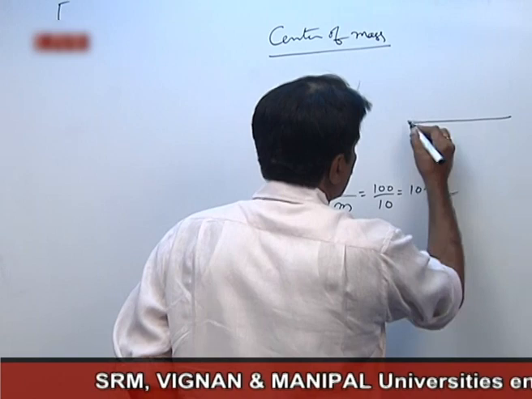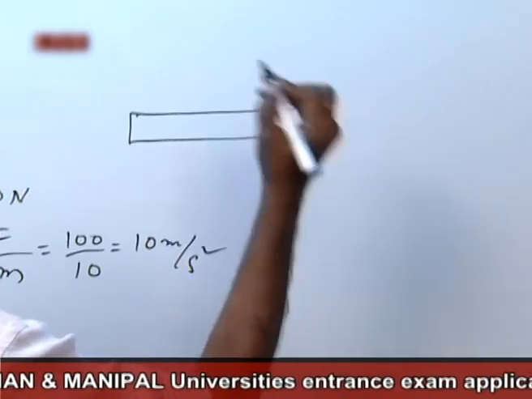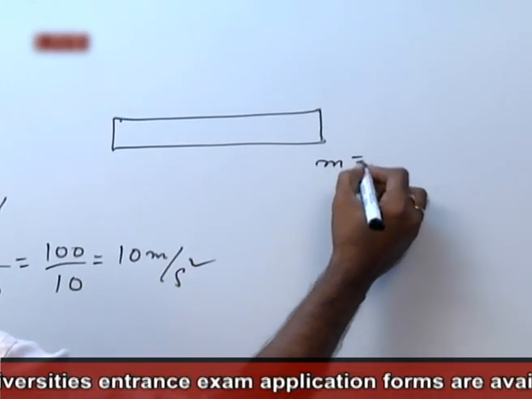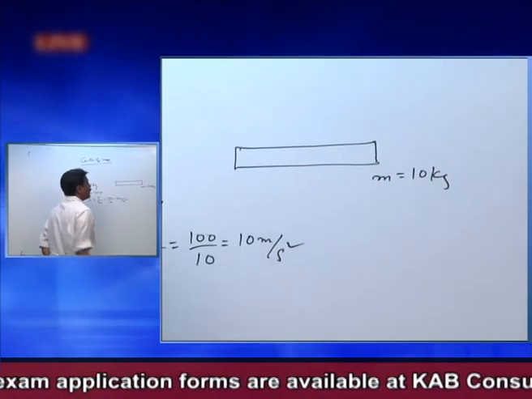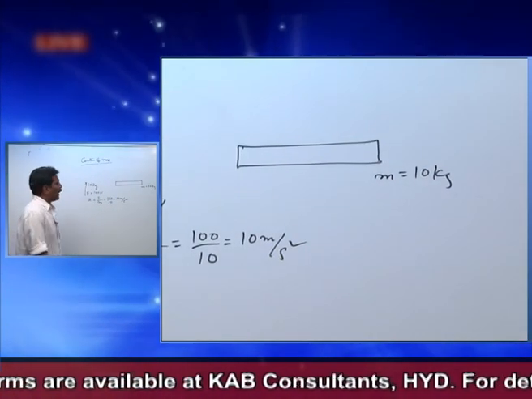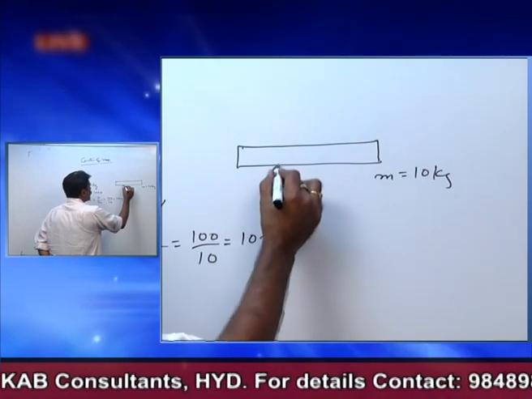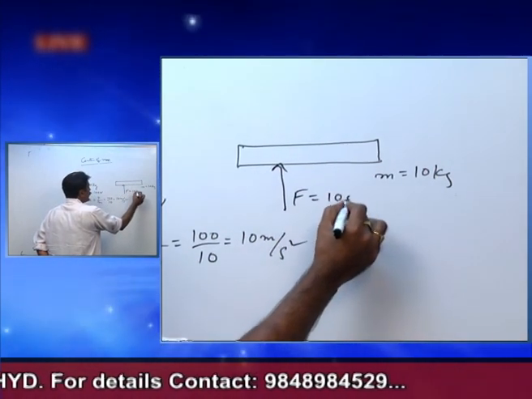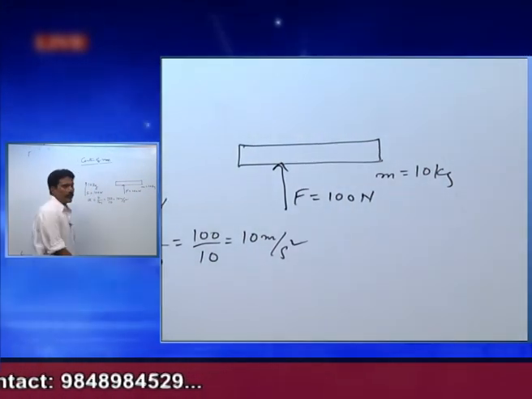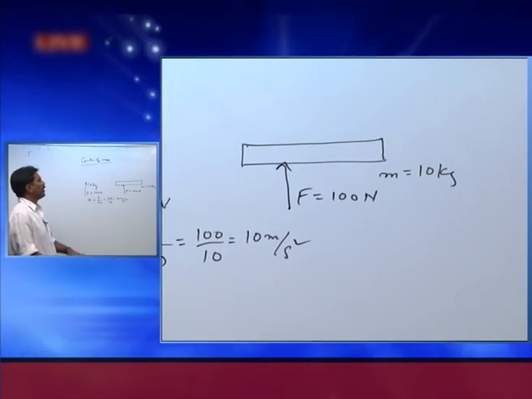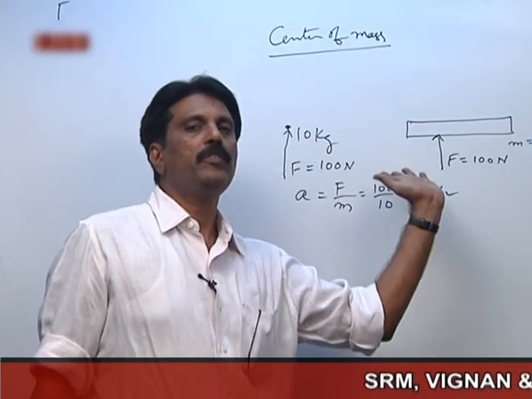Now let us take a uniform bar of mass 10 kg, and let us apply a force F is equal to 100 newtons on this body. It may be applied anywhere on the body. At any point on the body you can apply the force.